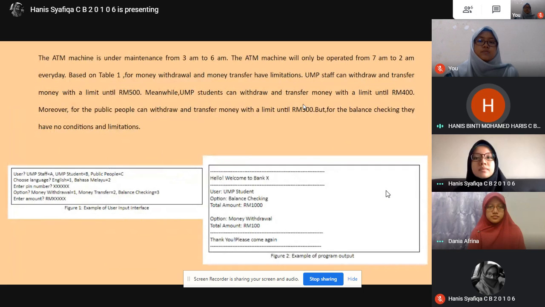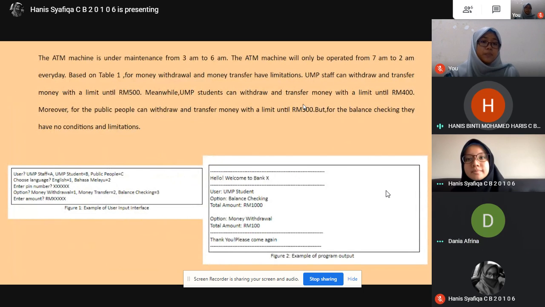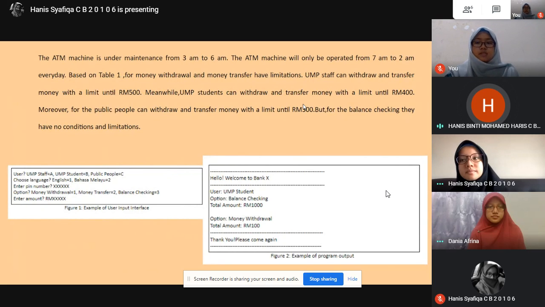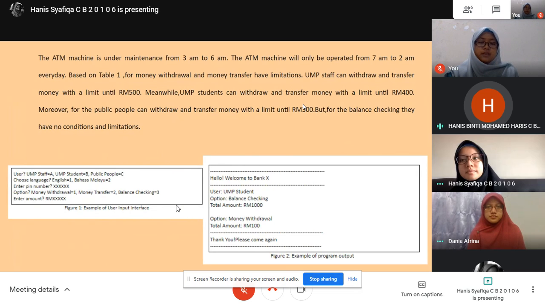Okay, the ATM machine is under maintenance from 3 a.m. to 6 a.m., and the ATM machine will only be operated outside those hours. On the left side is the user input interface, and on the right side is the program output.